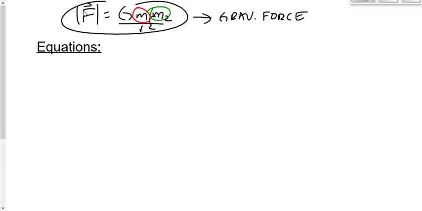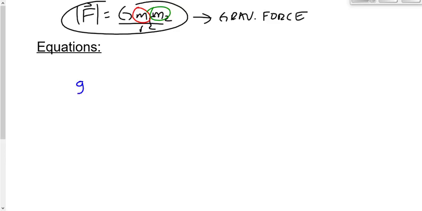But you need two things, right? You need an M1 and you need an M2. You need an Earth and you need a board marker. You need a sun and you need a spaceship. You need two things to have a force of gravity. In order to have a field, all you need is one thing, and that's the producer, what causes it.